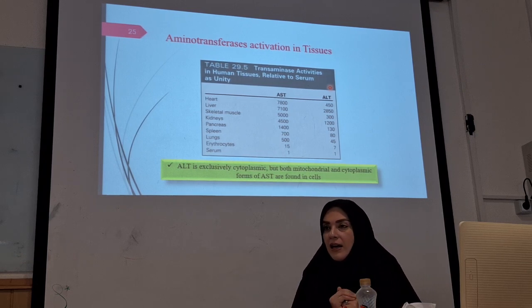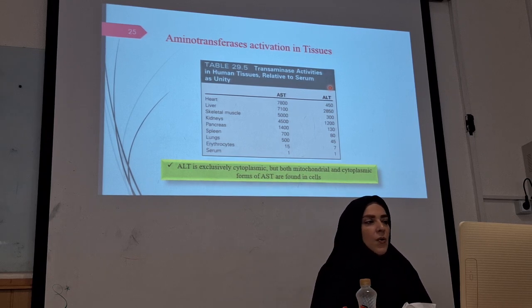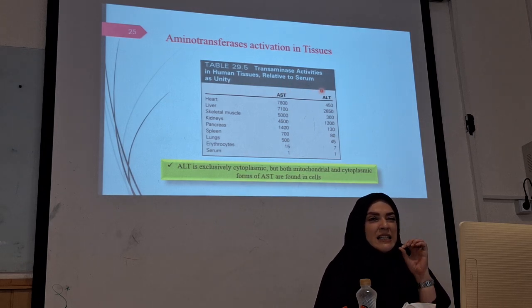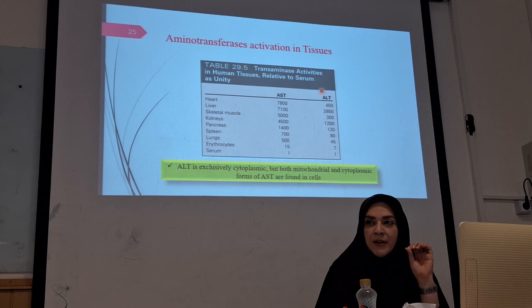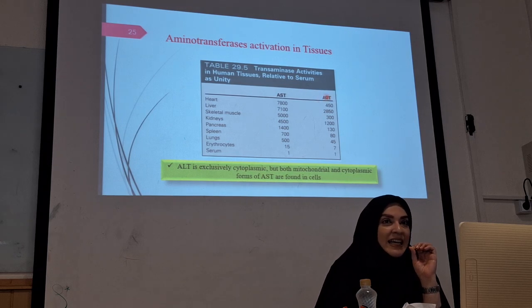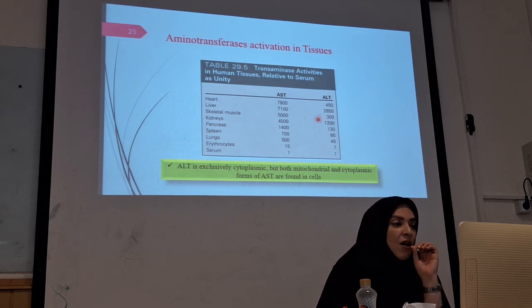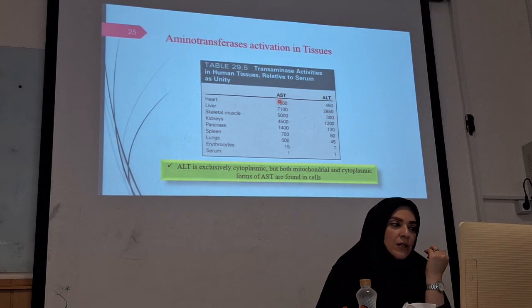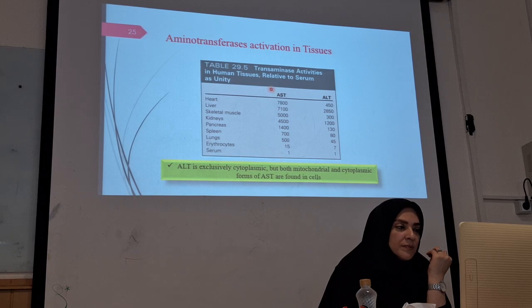So, as I mentioned, these are two general liver function tests. But also, between these aminotransferases, which of them is more specific for the liver? ALT. Why? Because it has a higher concentration in the liver. And AST, as you can see here, also has a high concentration, but which organ has the most?